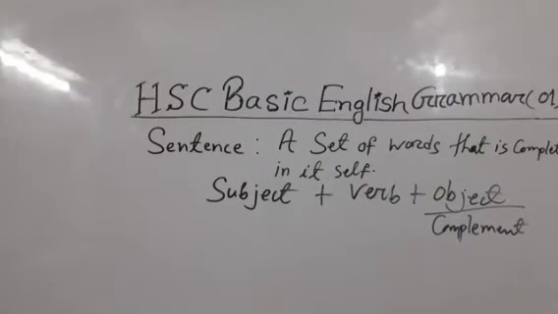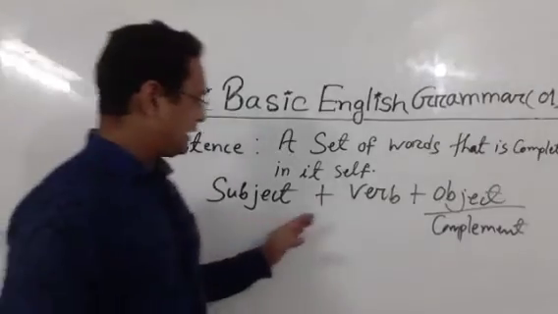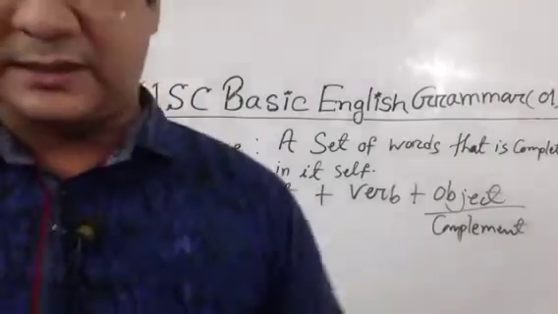So what is the complement? Complement is a word or a phrase that is necessary to complete the meaning of a given expression. That is a little bit different in Bangla sentence and English sentence structure.